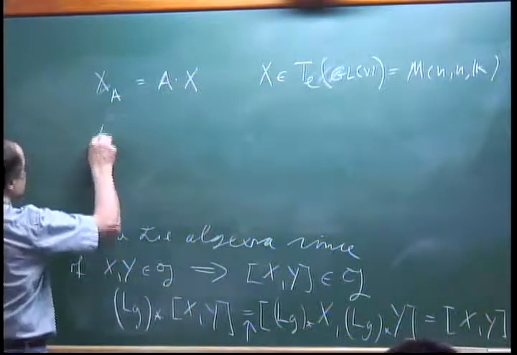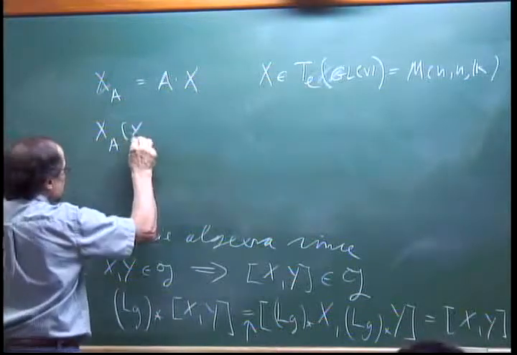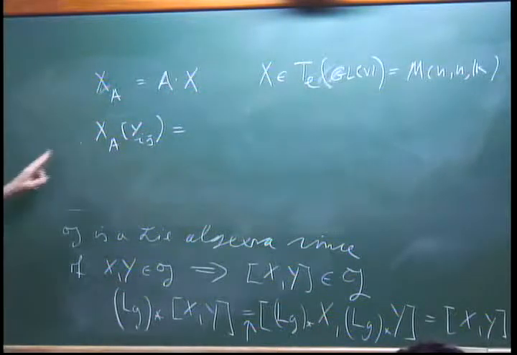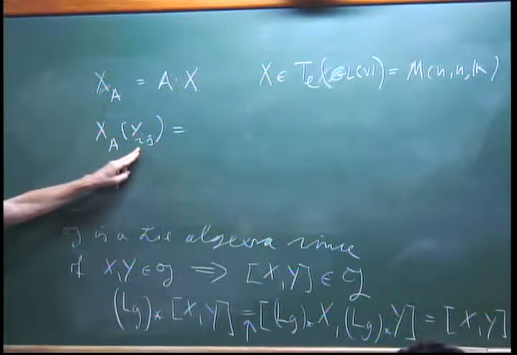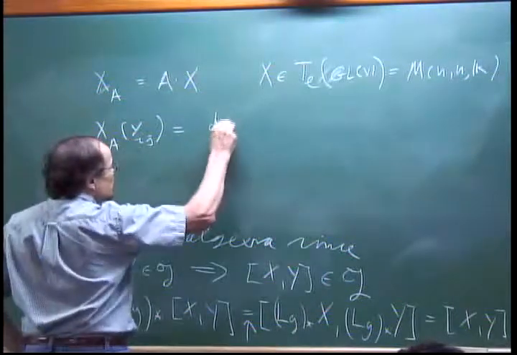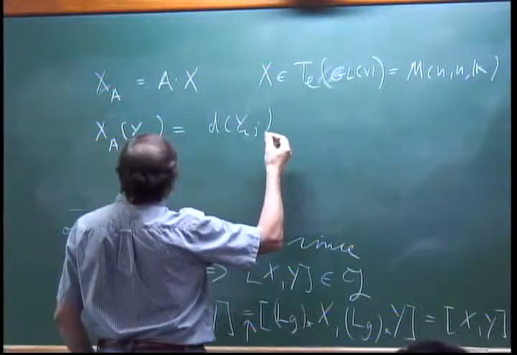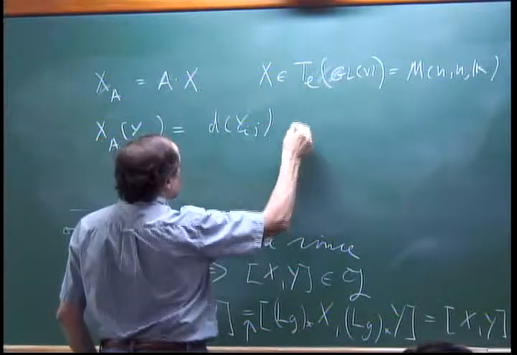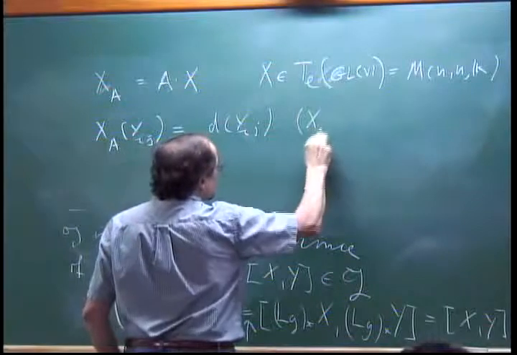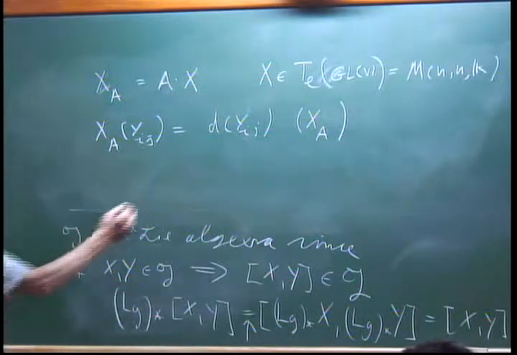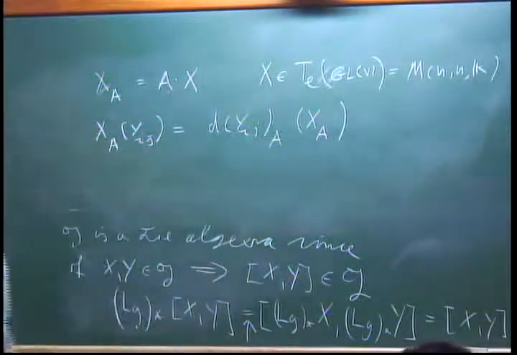So if I take this vector field x_a and apply it to the coordinate function, what do I get? Well, how do I define this as a derivation? By definition of a derivation, this is dyij applied to x_a at the corresponding point, this at the point A. But these coordinates yij, they're again linear.